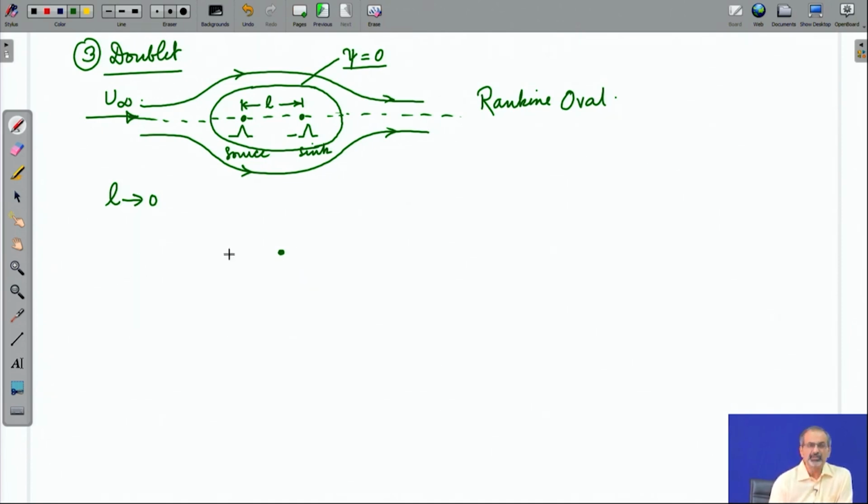But as you reduce the gap, if you keep a parameter kappa, given by the product of the spacing or the gap and the strength of the source or the sink in a modulus sense, constant, then you have the strength of the doublet defined using kappa.